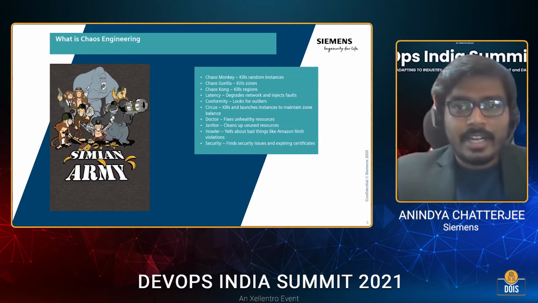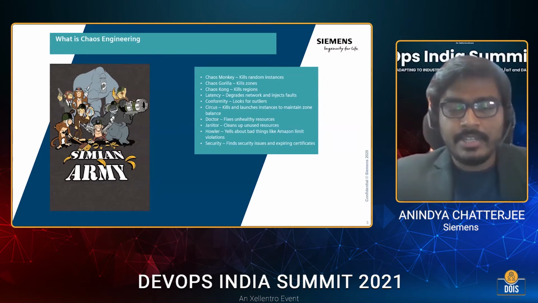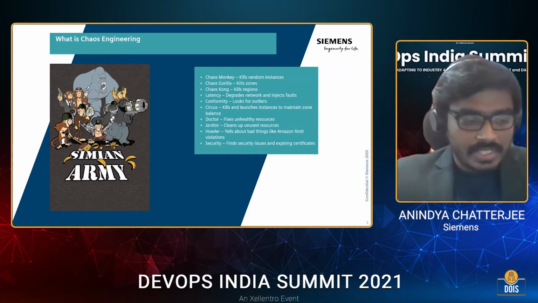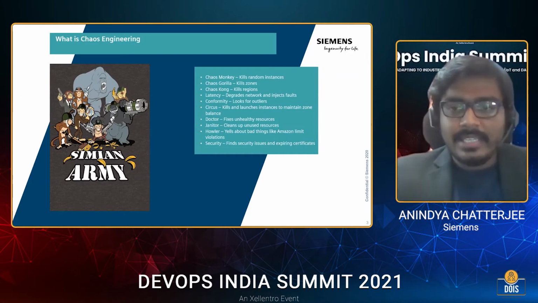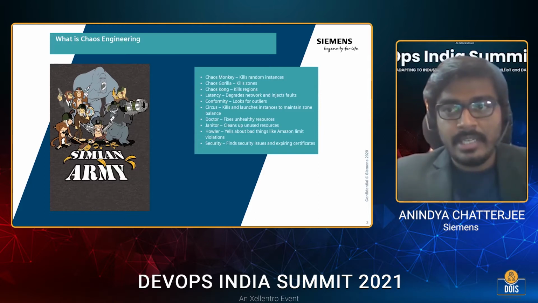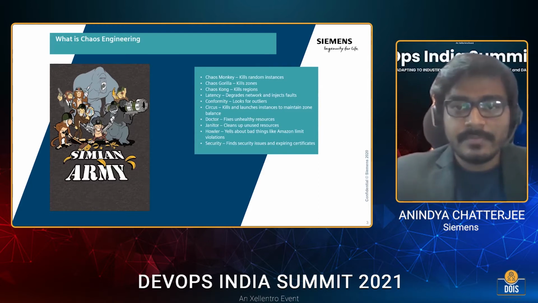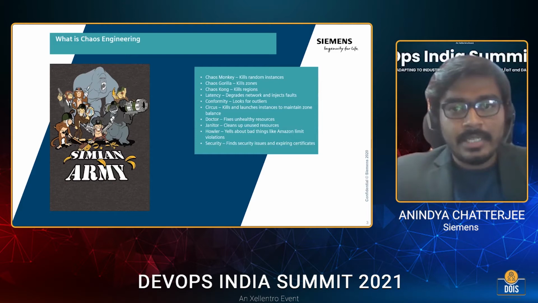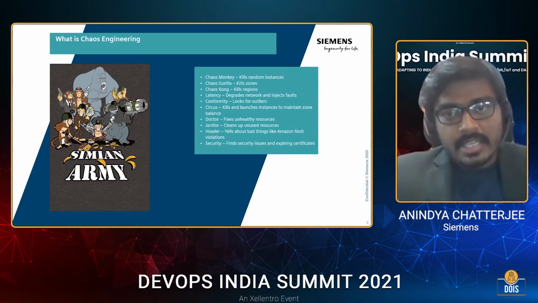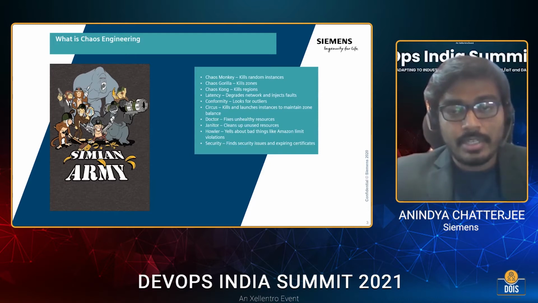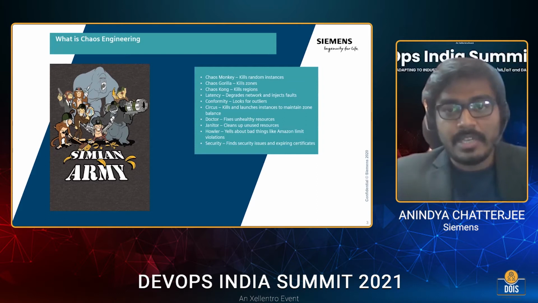The most basic tool we have is called Chaos Monkey. It kills random instances. Then you have Chaos Gorilla and Chaos Kong, which randomly kill zones and regions. When I'm talking about instances, zones and regions, I'm specifically referring to AWS regions and zones. Then there is Latency Monkey, which will increase your network latency and test whether your system is behaving fine or not.